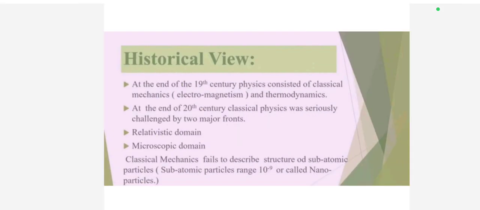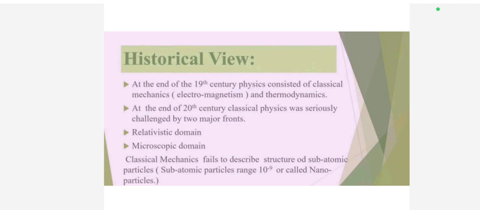After the 19th century, physics consisted of classical mechanics and thermodynamics, and in the 20th century classical physics was seriously challenged by two major fields, the relativistic domain and the microscopic domain.